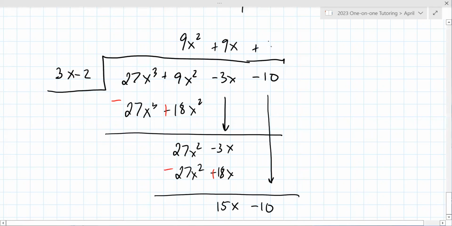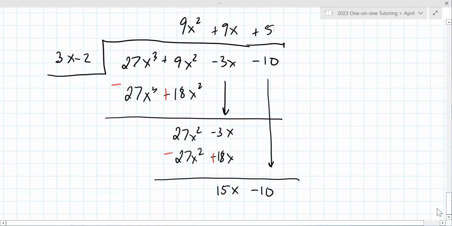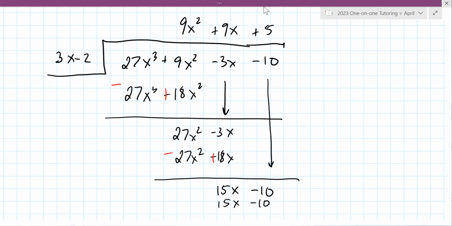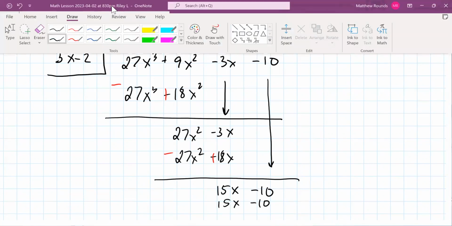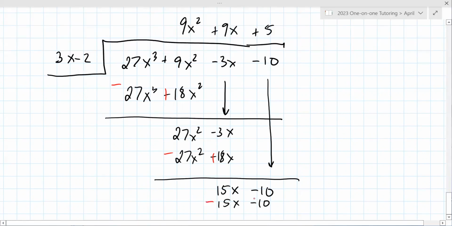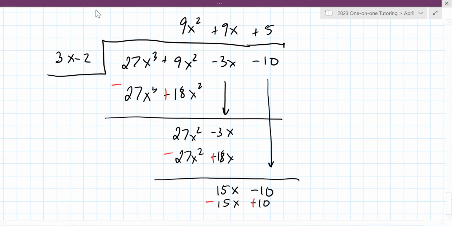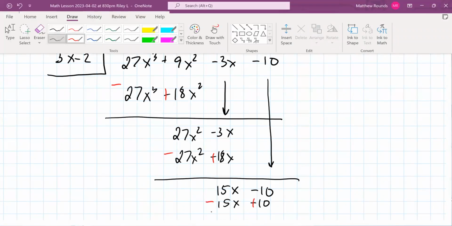Yes. Good. Would this one just cancel out to 0? It does, yeah.